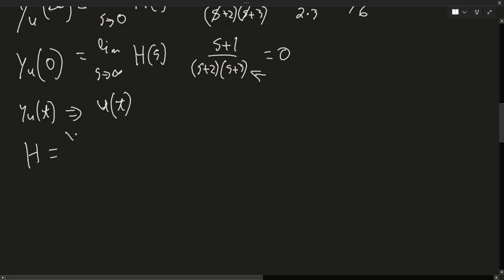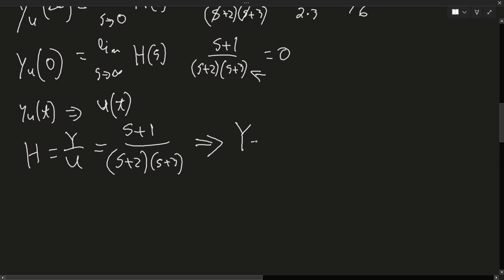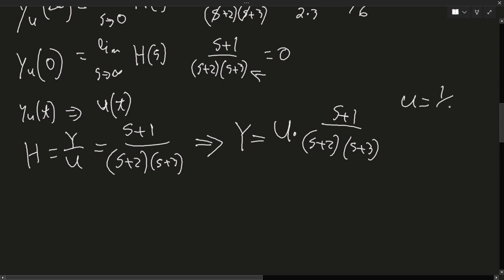H equals y over u equals s plus 1 over s plus 2, s plus 3. So y equals u times s plus 1 over s plus 2, s plus 3. And we said that u is equal to 1 over s.